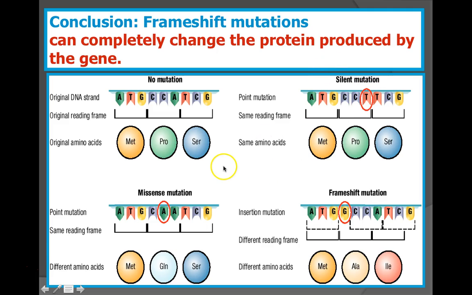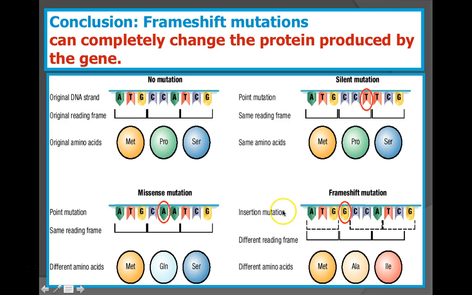That's why it's called silent. The missense mutation, same thing. Let's say this C turns into an A. That changes the proline. Okay, so now we have a different amino acid sequence here. But that's also only the change of one amino acid.